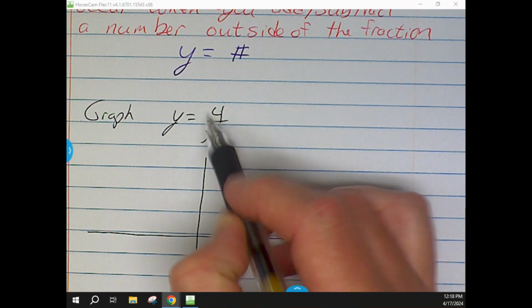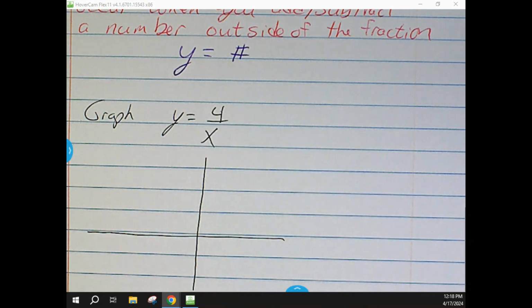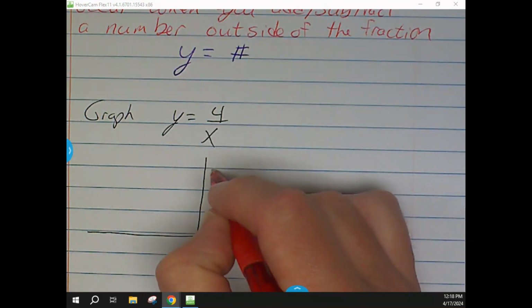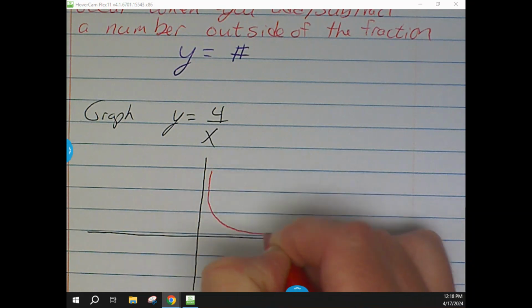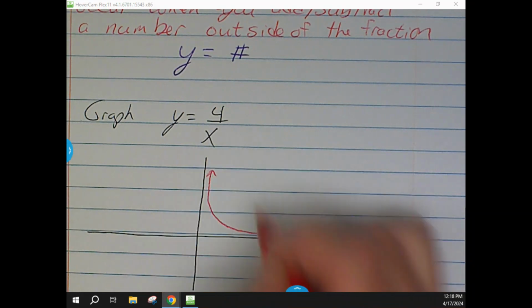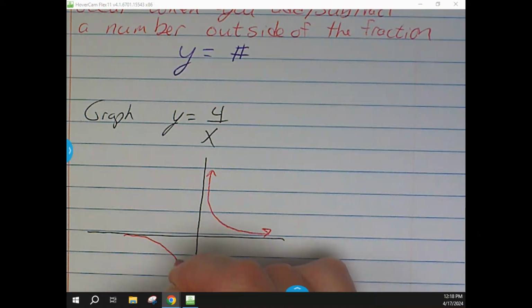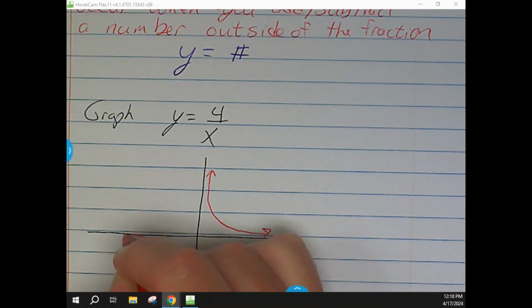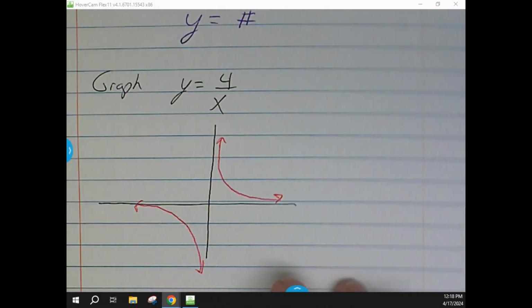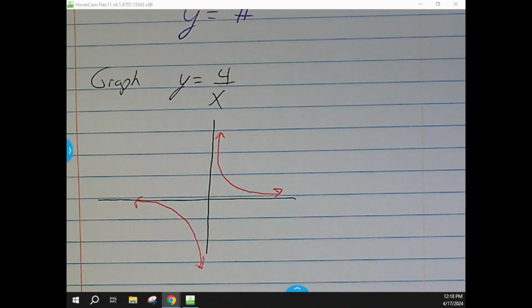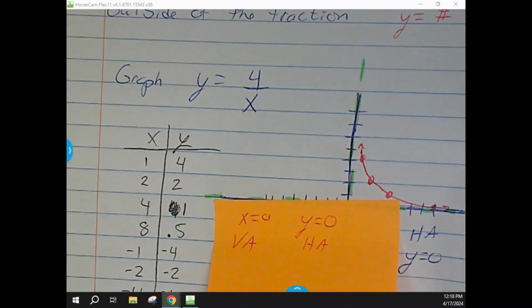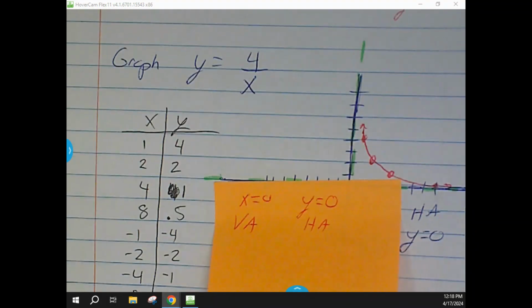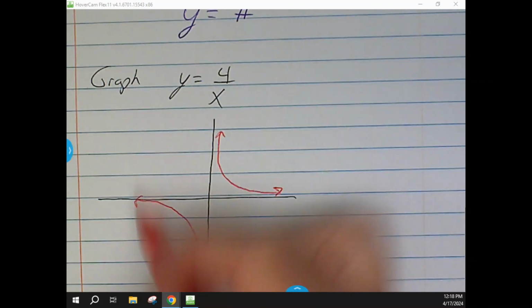It doesn't really matter what the top number is as long as that's a positive number, it's going to be there and there. And again, we get those numbers from basically making a chart, but we're not going to do that because we're going to know as long as this top number up here is positive, we're going to do this every single time.